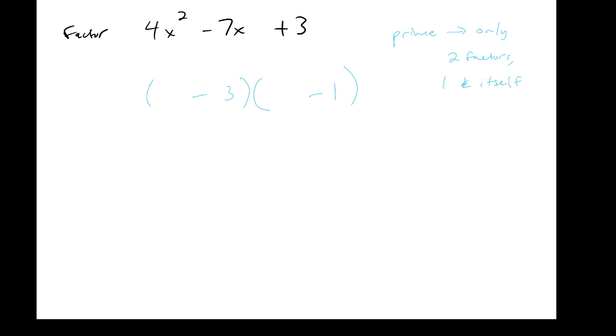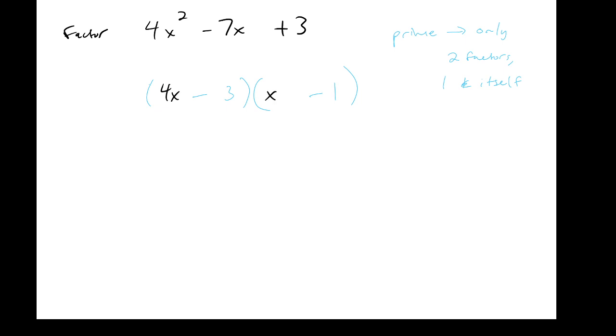And now we're doing the experiment as to what goes in the 4x side of things, okay? The 4x squared. So let's go through all the factors. 1 and 4, 4 and 1. So let's put in 4x and x. Which, by the way, as you can see, is different than x and 4x, right? But we'll start with 4x and x.